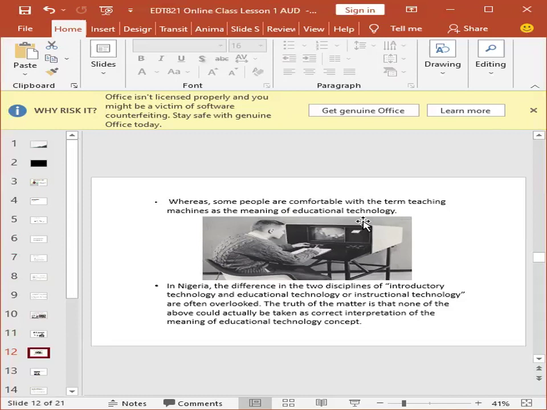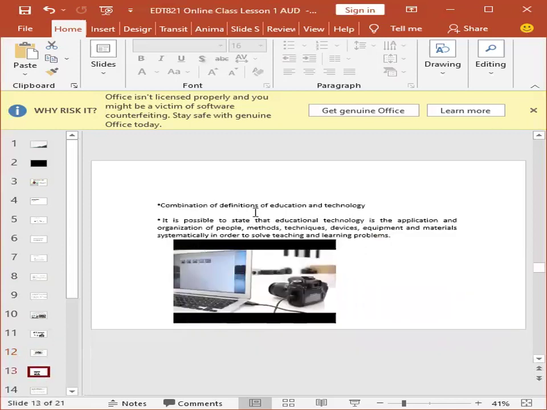Within educational technology, we come across instructional technology, technology of education, technology in education, and some other key terms. When we put the definitions of education and technology together, we define educational technology.